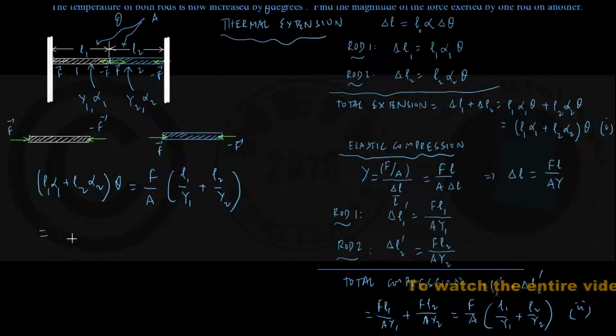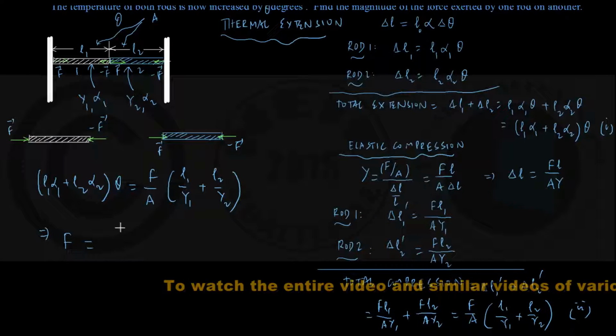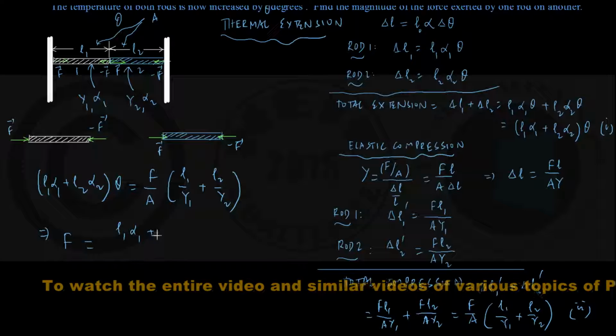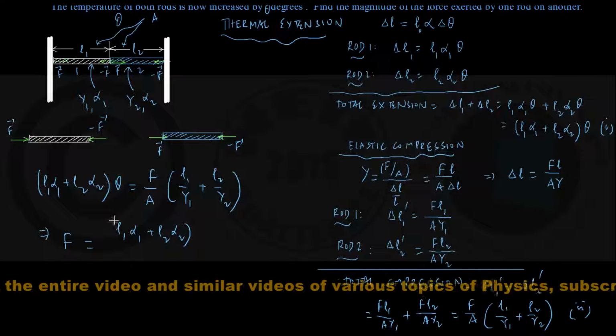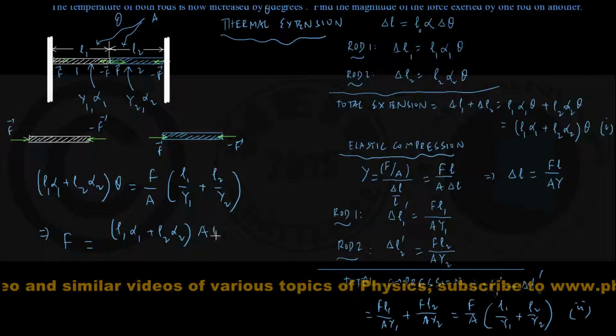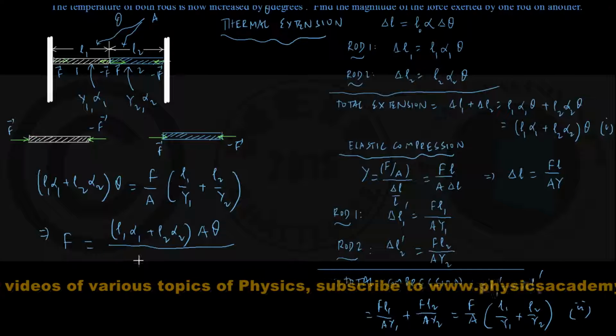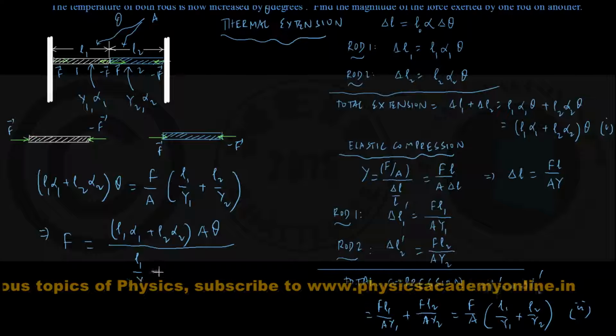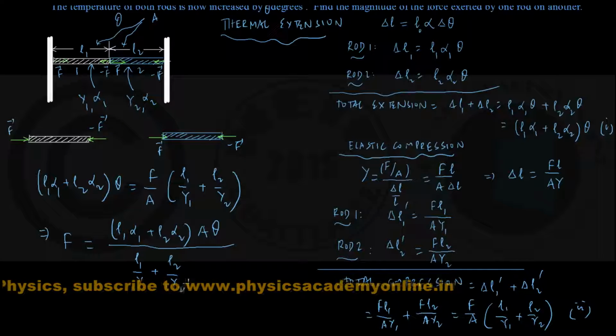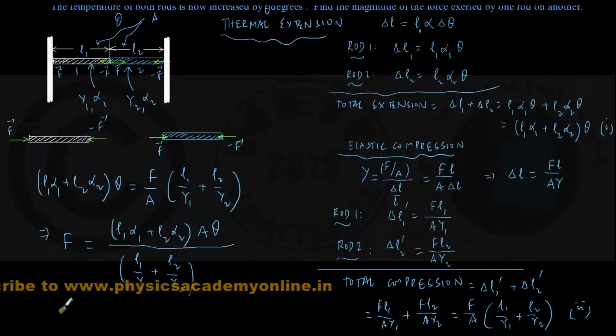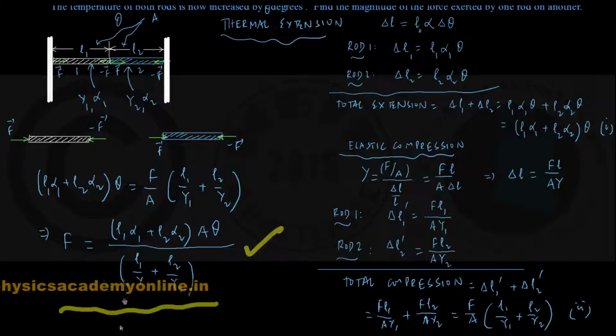And it follows therefore that the magnitude of the force F is coming out to be L1 alpha 1 plus L2 alpha 2 inside bracket into A into theta, whole thing divided by L1 by Y1 plus L2 by Y2. And this is the answer of this question. The magnitude of compressive forces exerted by each rod on the other is L1 alpha 1 plus L2 alpha 2 into A into theta by L1 by Y1 plus L2 by Y2.